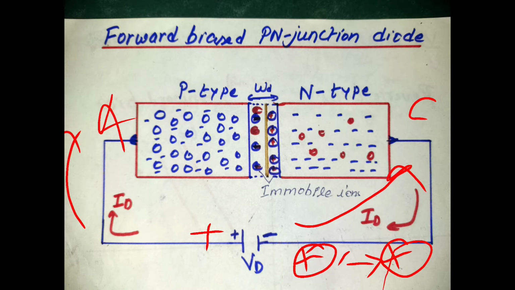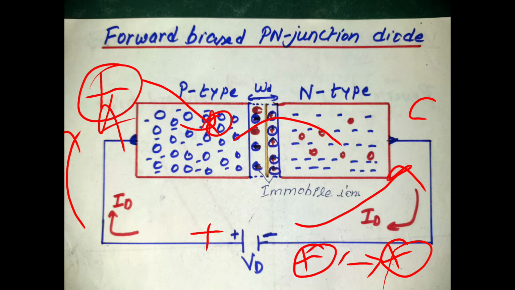So this is the repulsion force, and due to the force of repulsion, this is our positive terminal, which gives positive charge, and this is our hole, which is also a positive charge. So this positive potential is going to repel the holes from the P side to the N side, and the negative potential is going to repel the electrons in the N type to the P type.